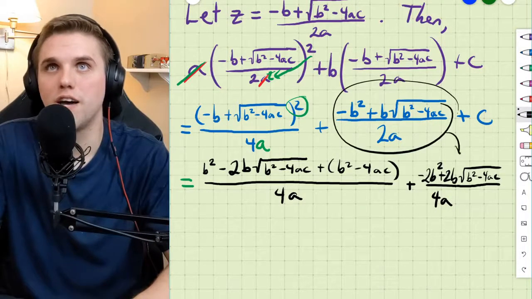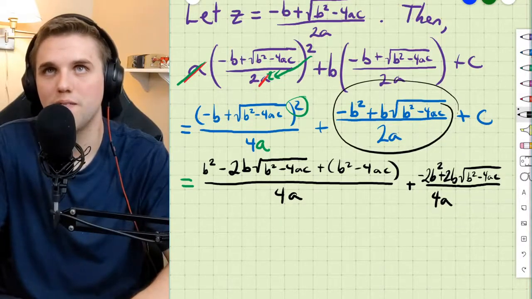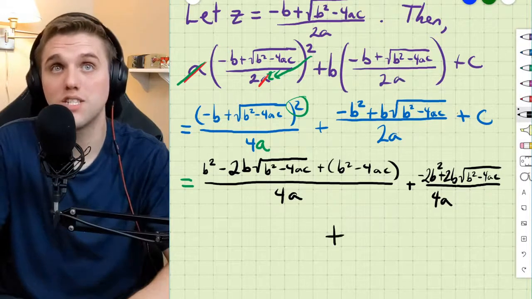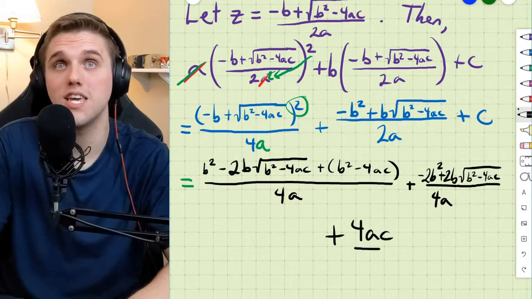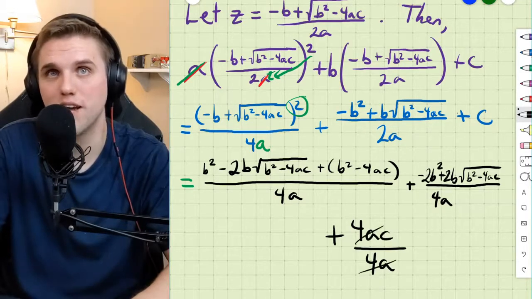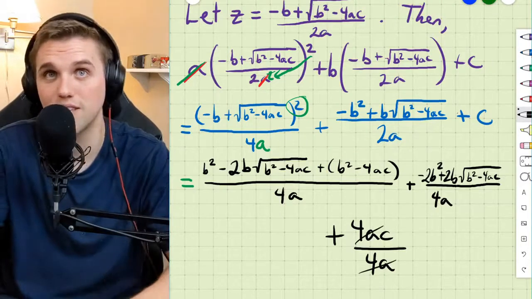So this simplifies to that if I get the denominator to 4a. And then the plus c, I'm going to have to write down here. So plus 4ac all over 4a. Because this would simplify to just c. And keep in mind, a is non-zero, so I can do this.